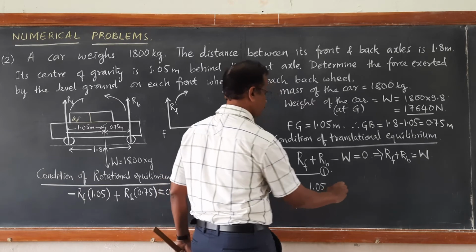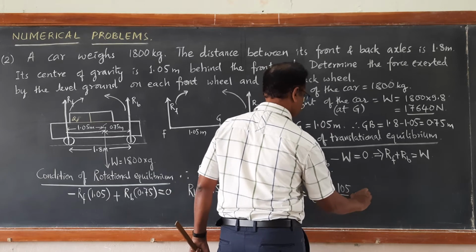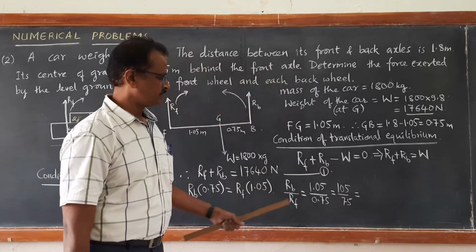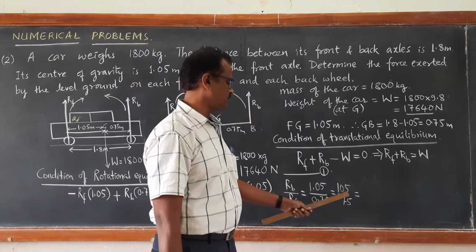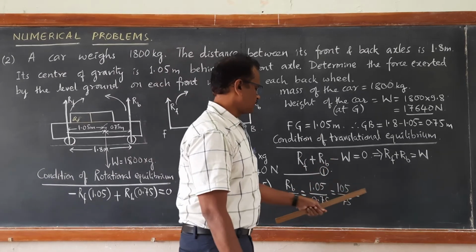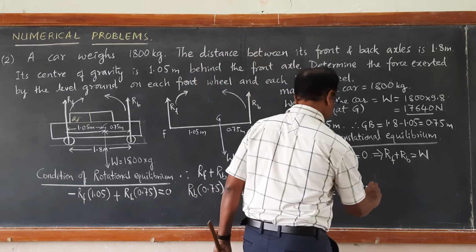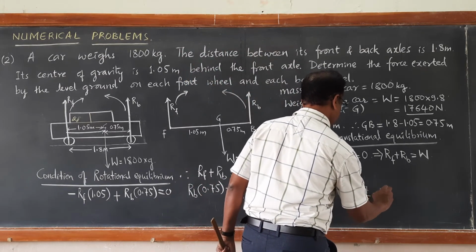So this comes out to be 105 divided by 75. If you simplify this, 15 5s are 75, 15 7s are 105. Yes, 7 by 5, which if you calculate comes out to be 1.4.